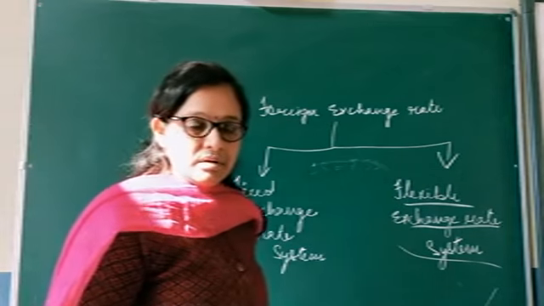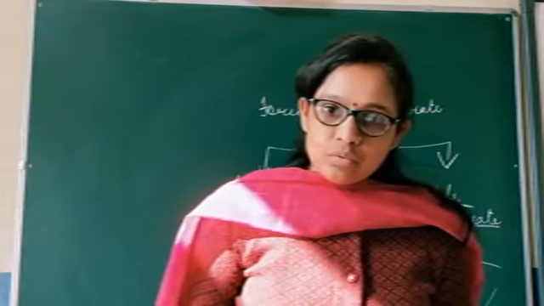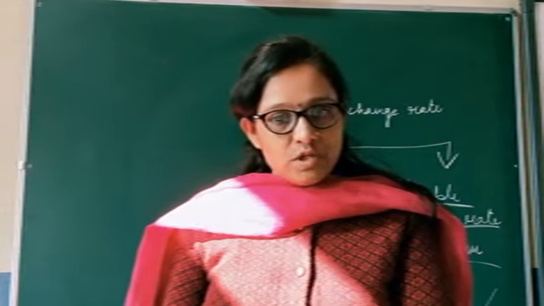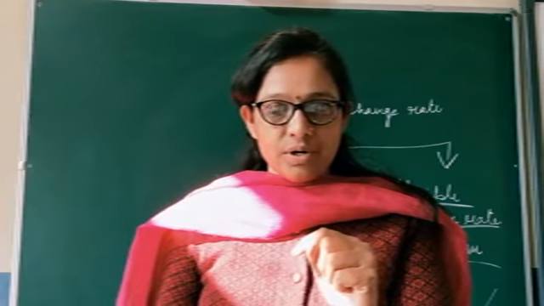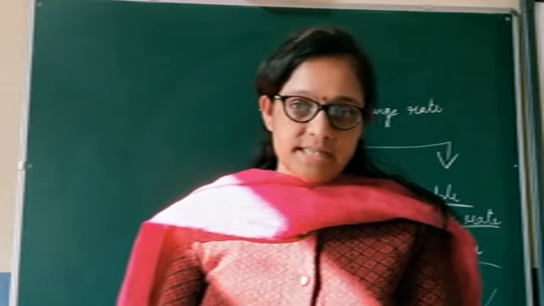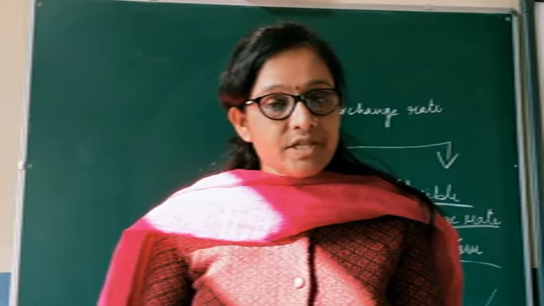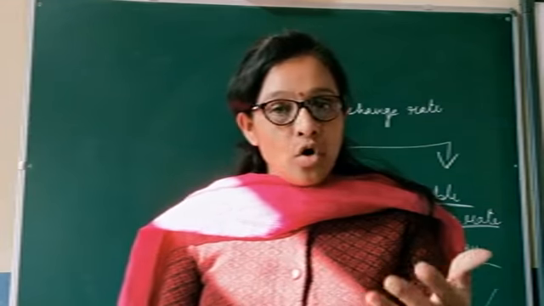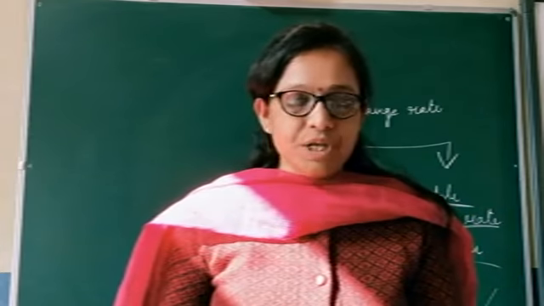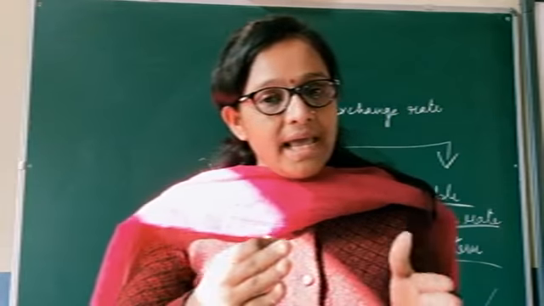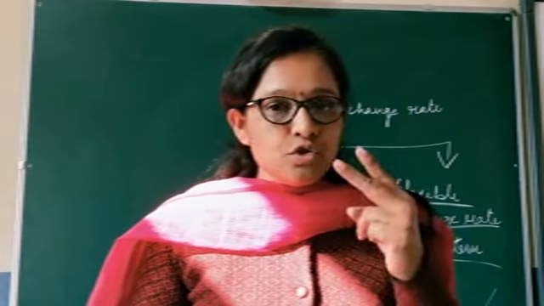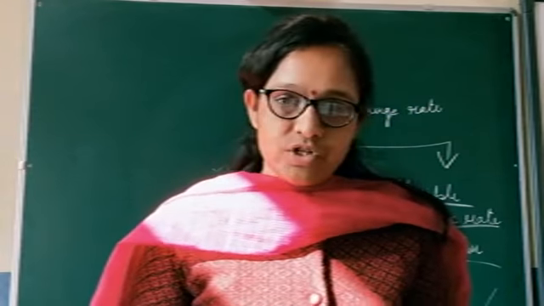Alright. Now, see here. When I was explaining the causes of adverse balance of payment, I explained one concept, that is called appreciation of currency. What is appreciation? When the value of a country's currency increases in the international market, it is called appreciation. And when I explained the measures to correct adverse balance of payment, I explained two things, depreciation and devaluation.